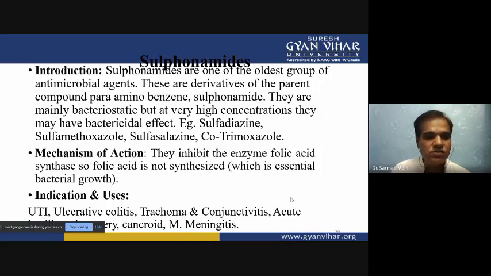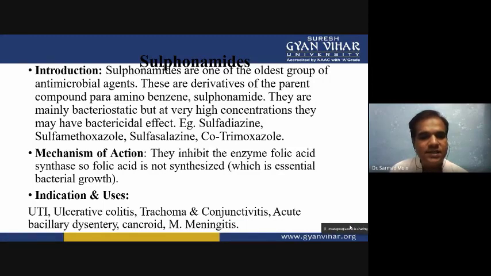Now the uses. Urinary tract infection or UTI, ulcerative colitis, trachoma, conjunctivitis. So sulfonamide types of drugs we can utilize for urinary tract infection or UTI, ulcerative colitis, trachoma, conjunctivitis, acute bacillary dysentery, chancroid, and meningitis.